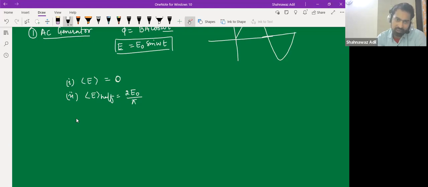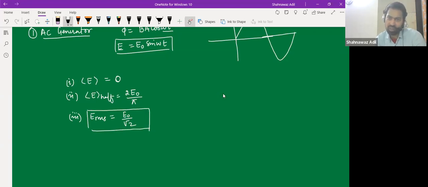And then thirdly, we calculated the ERMS voltage, right? And what was this? Yes, guys, what was this? This was E naught by root 2, right? And this is the supply that we get from the powerhouse.